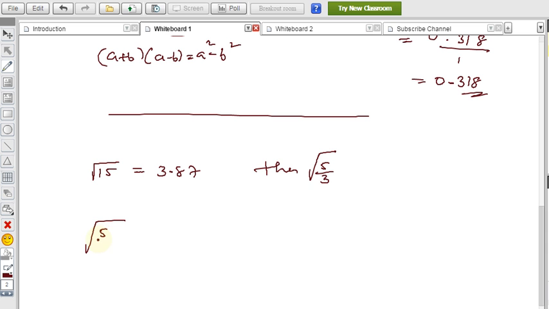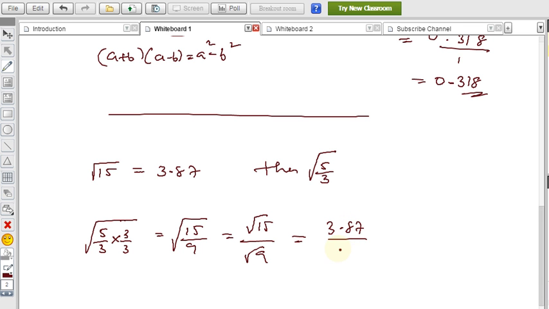To arrange this, you multiply by root 3 by root 3. Therefore root 5 into root 3 is root 15, and root 3 into root 3 is root 9. So root 15 by root 9. Root 15 is 3.87 and root 9 is 3. Then do the division, and you'll get 1.29. You can adjust this type also.